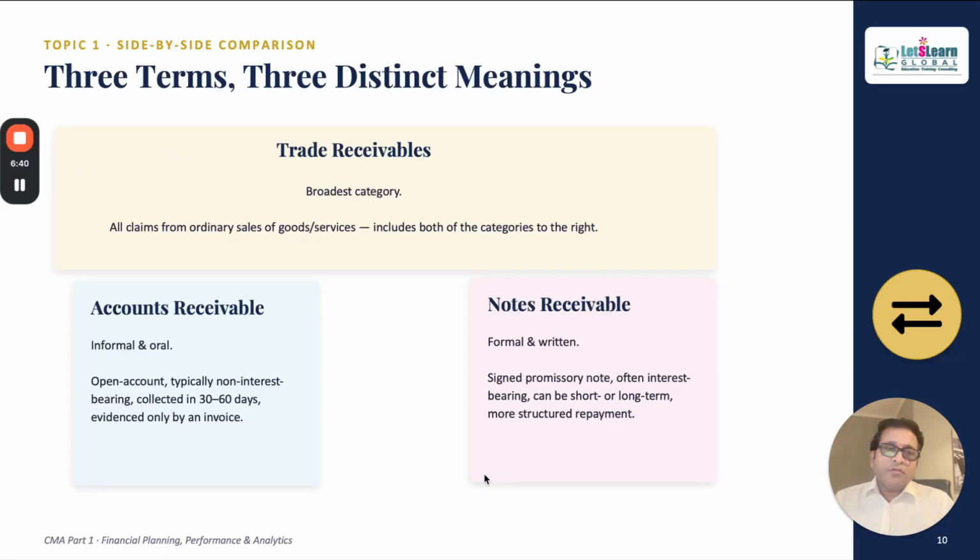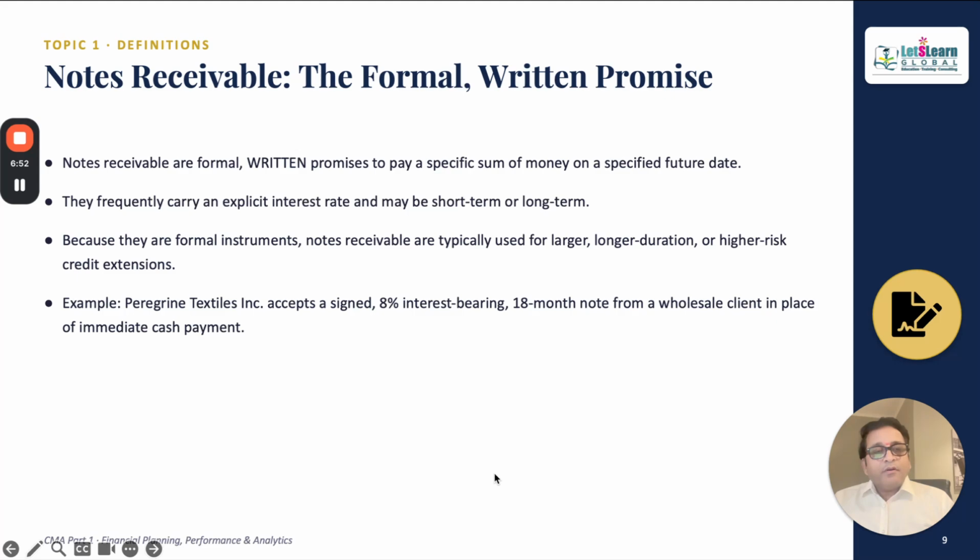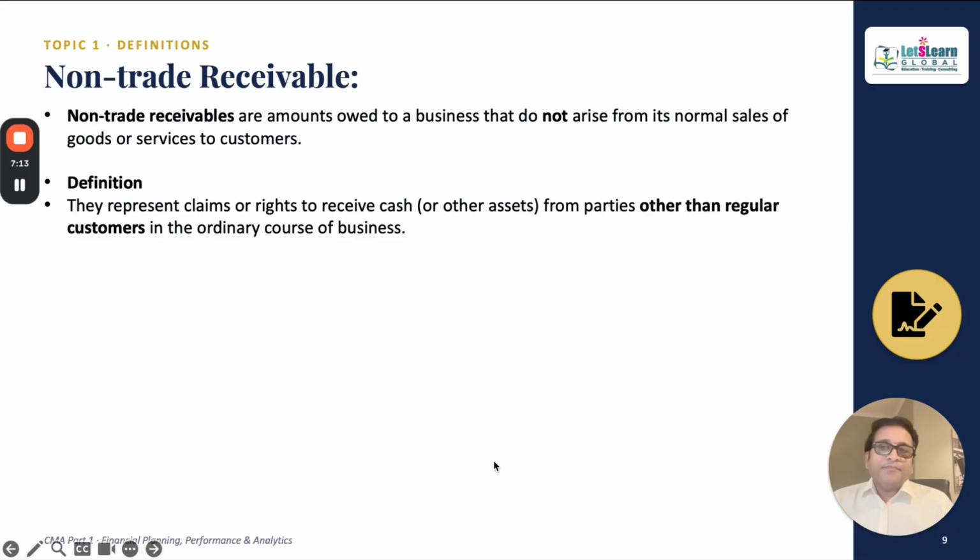Both will be shown under current assets as long as notes receivable is for a period less than a year. Open accounts, accounts receivable. Any written promise given by the customer, notes receivable. If the customer gives you a promise which can be encashed in a maximum period of 1 year, we call it a current asset, else we will record it as non-current asset.